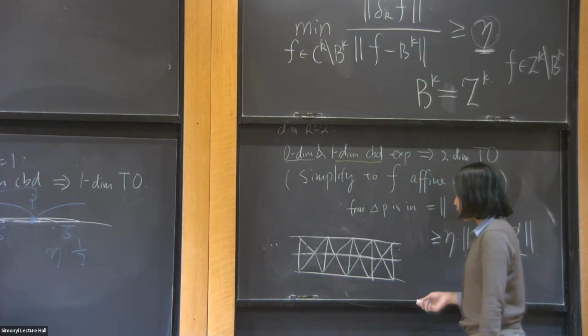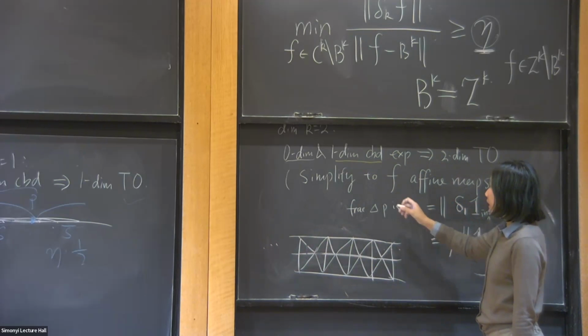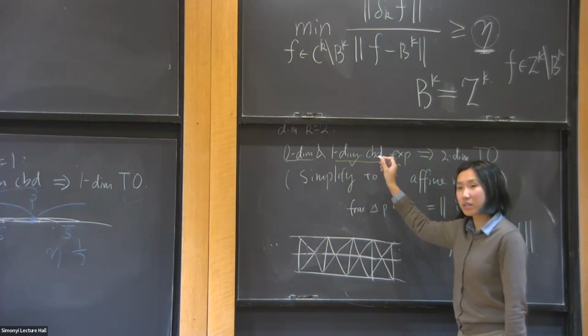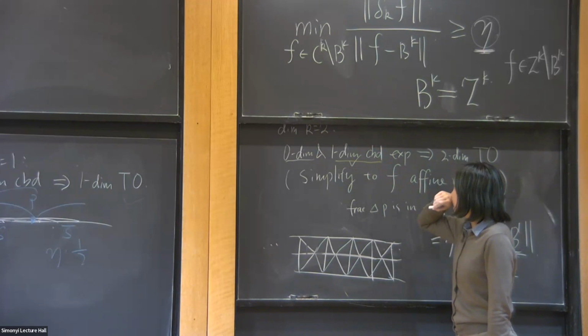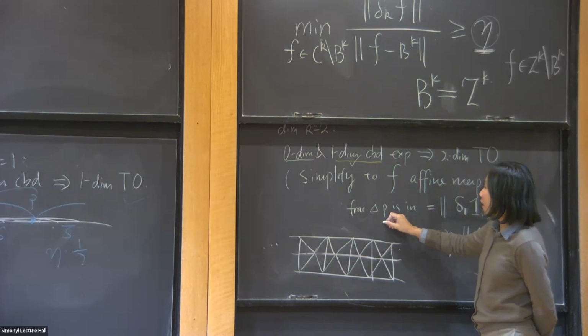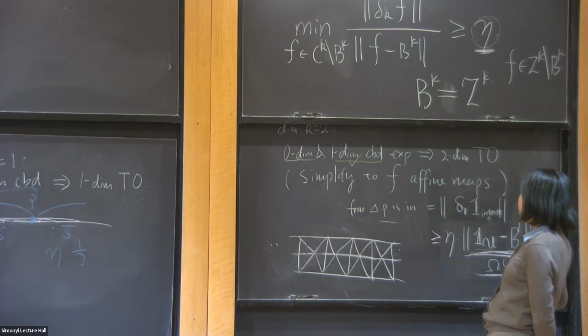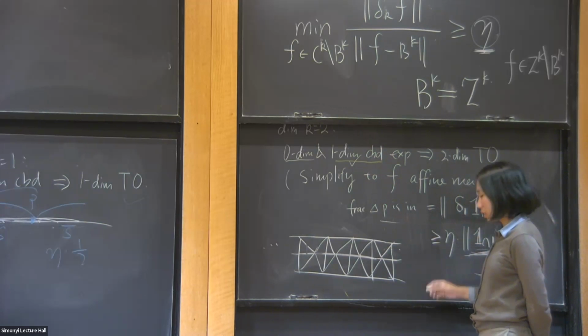In this example, it is a complex that has constant one-dimensional coboundary expansion, but has some embedding such that all P give a very small distance from coboundary.